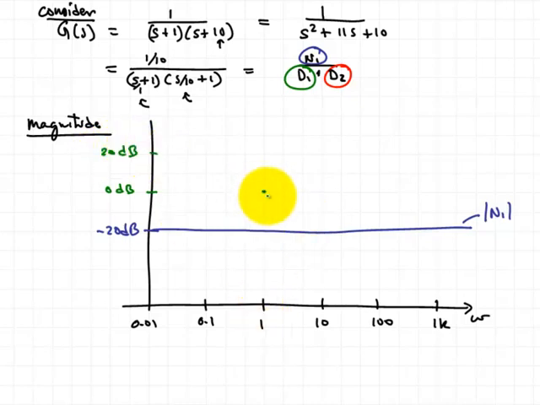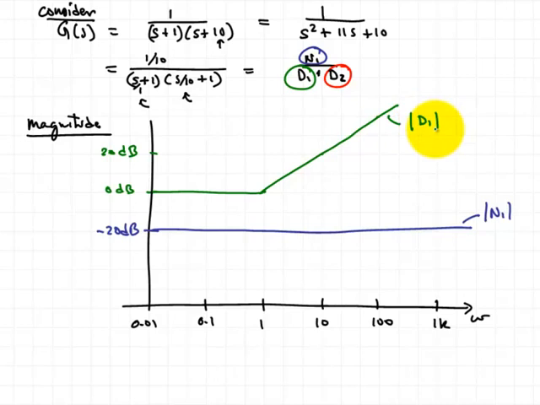So we'll set our break point here. For frequencies much less than 1, our term D1 has a magnitude dominated by the real part, which is 1. Right? And then above that, we're going to increase at 20 dB per decade.